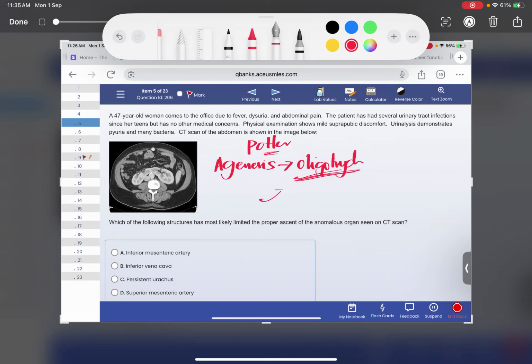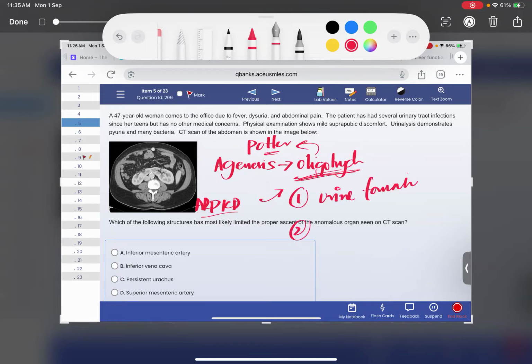All the conditions leading to oligohydramnios include autosomal recessive polycystic kidney disease, where the functions of the kidney are below normal. It is not forming enough urine, so we will have oligohydramnios. First is urine formation.